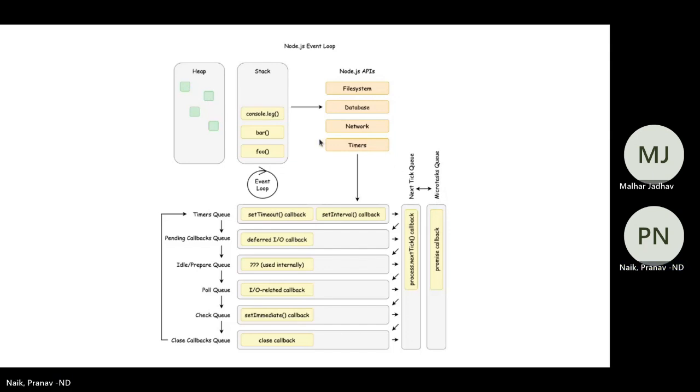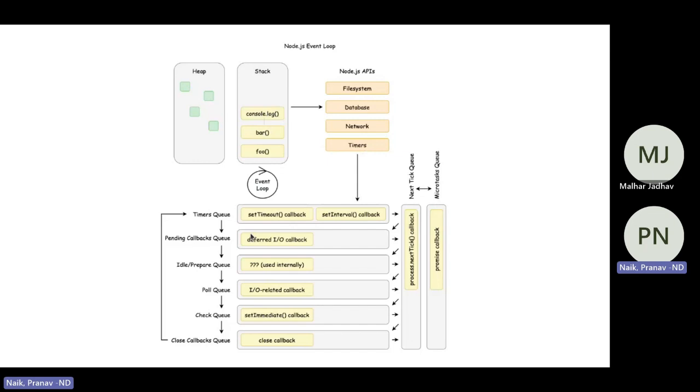Let's say you have a node program with some business logic and a number of lines of code. Again, the execution is the same as browser JavaScript. It will push all the synchronous methods to stack memory and all asynchronous methods to the queue.